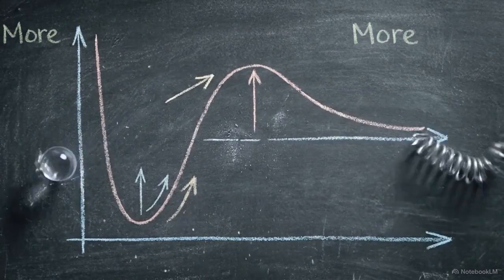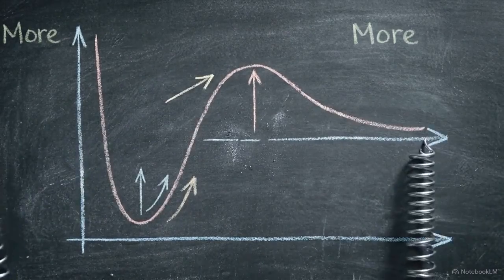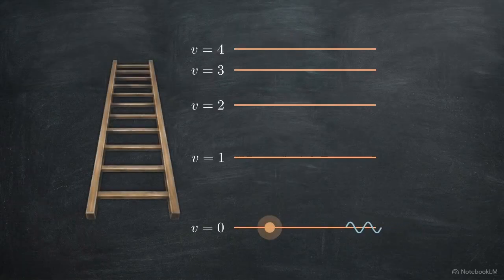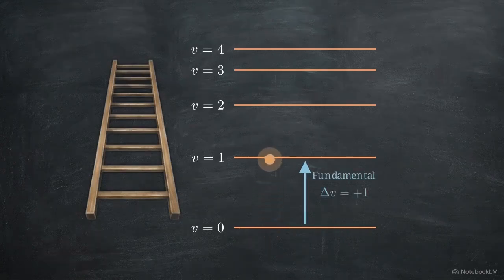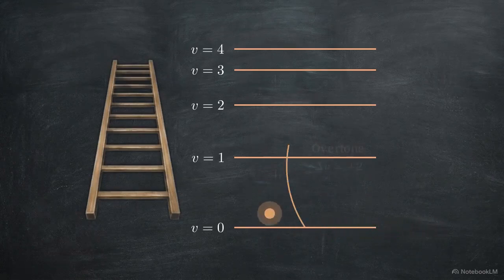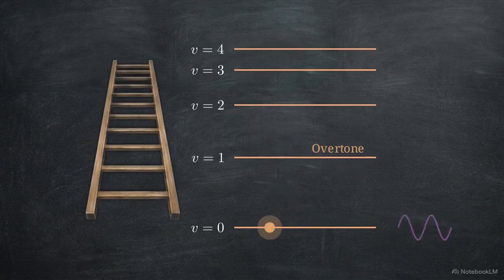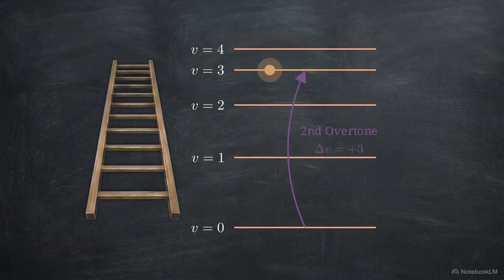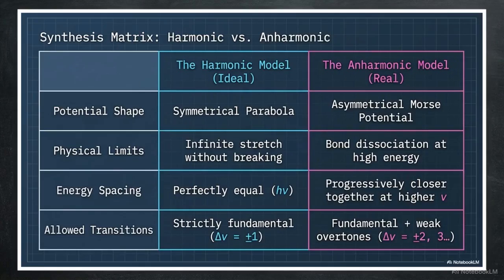The bond separates completely. This anharmonicity creates a secondary consequence. Transitions that skip multiple energy levels simultaneously, such as a jump of 2 or 3 steps, become physically possible. Here we see a matrix comparing these transitions. The single-step jumps are fundamental transitions, while the multi-step jumps allowed by the anharmonic model are defined as overtone transitions.